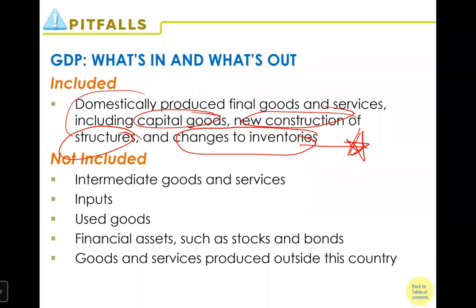Actually, the change in inventory is a very important indicator to understand the health of our economy. It's very simple. For example, if you have a small business and you find out you start to pile up inventory, do you think the economy is doing well or very badly?